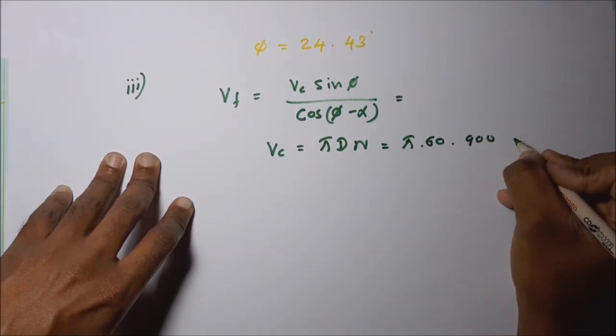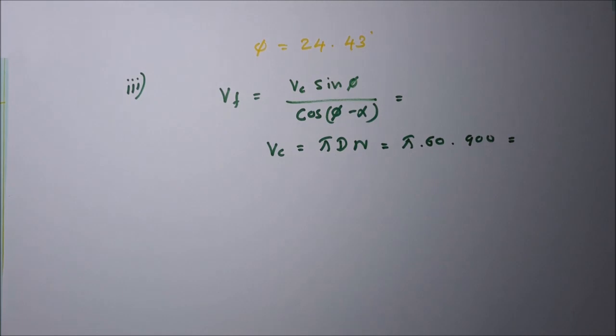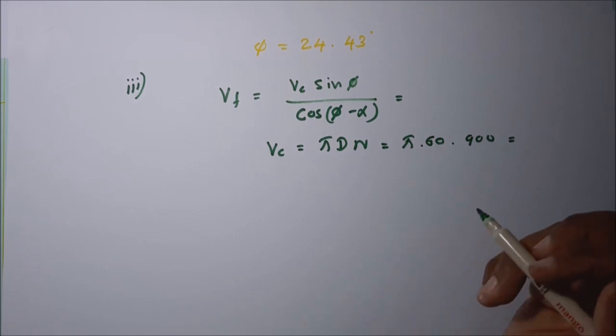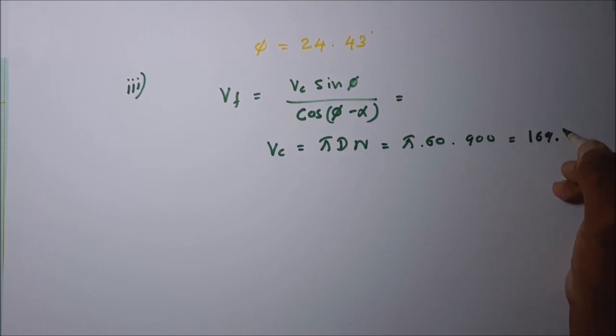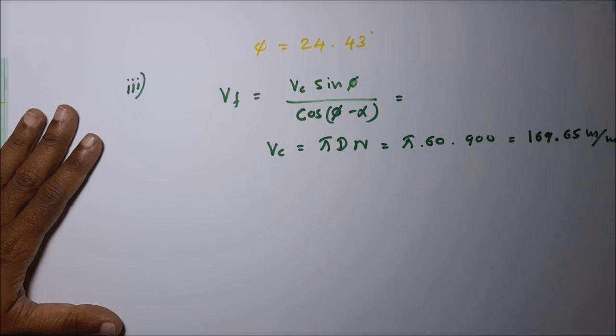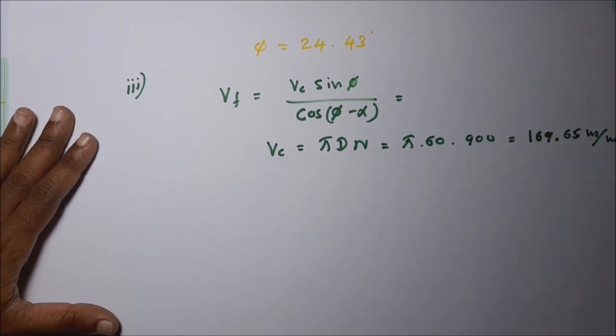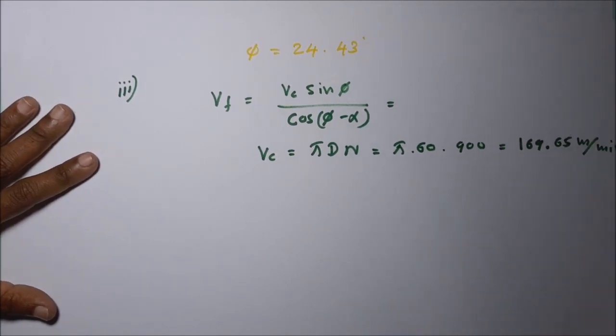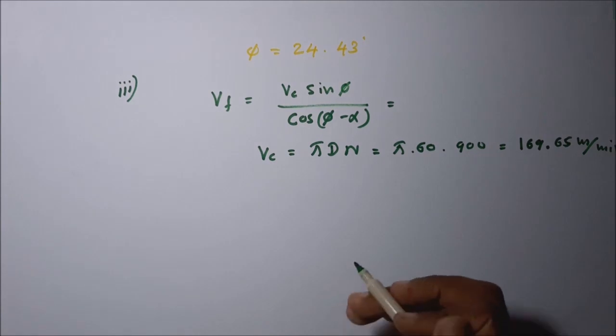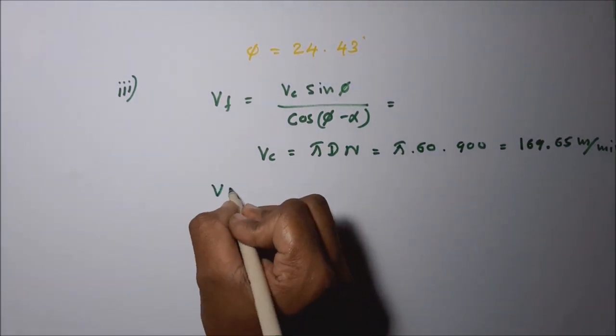Then we get the answer for Vc is equal to 169.65 meters per minute. This is the answer I am getting.